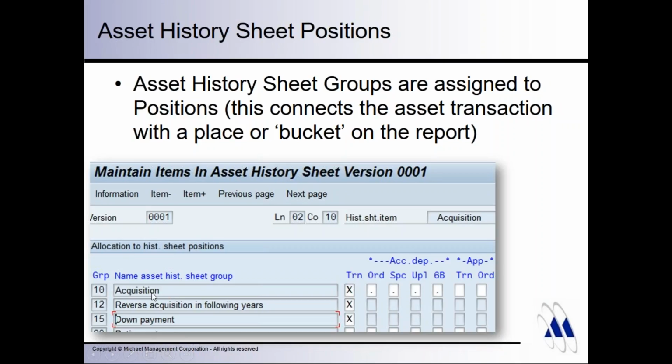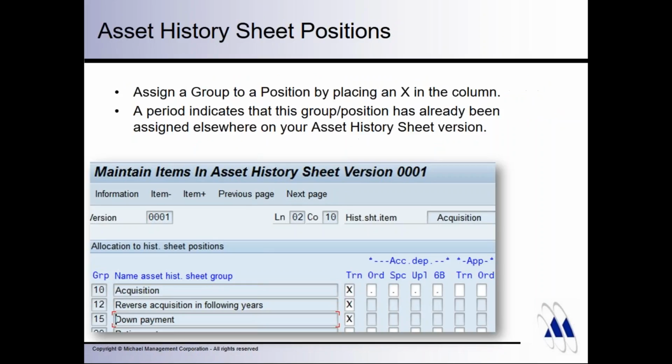Now remember, I assigned all the transaction types to the history sheet group. And now I need to assign this group to this position for acquisitions, and I do that by placing an X in this transaction column here, right here on that line.